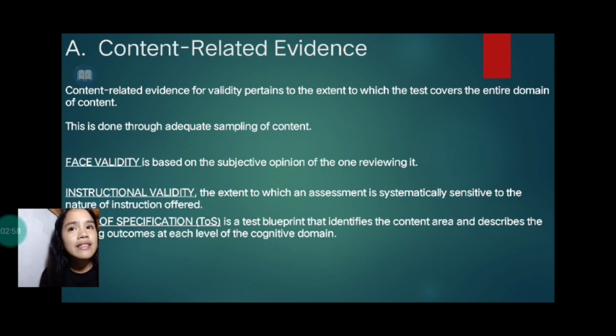For example, in a summative test in the first quarter, if there are 4 topics that you have taught to your pupils, then you must get items from each chapter or each topic, to assess if a certain student had learned from your discussion.